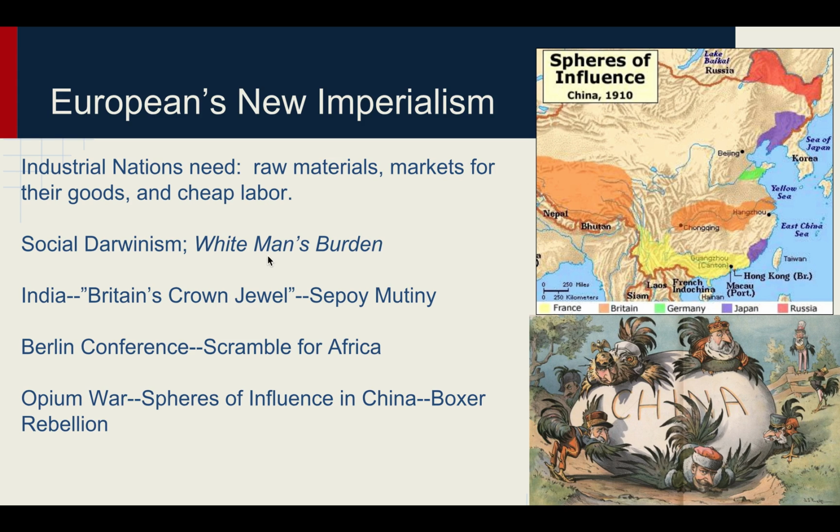The poem by Rudyard Kipling, who writes the Jungle Book, called White Man's Burden, describes that identity of Europeans as having to conquer others.